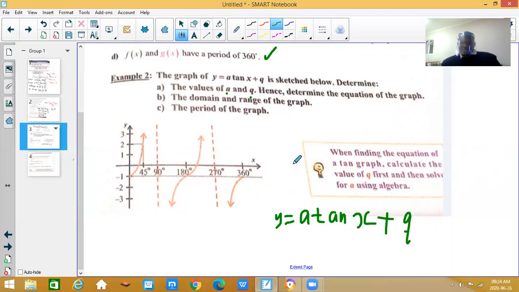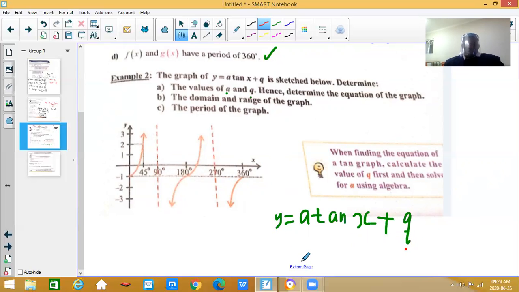Now, when finding the equation of the tangent, calculate the value of q first. It is advisable to find the value of q first.